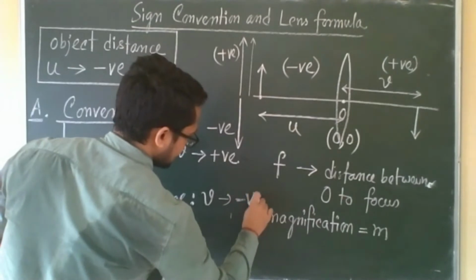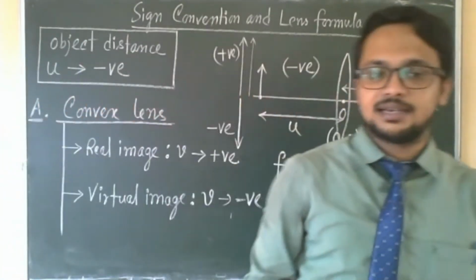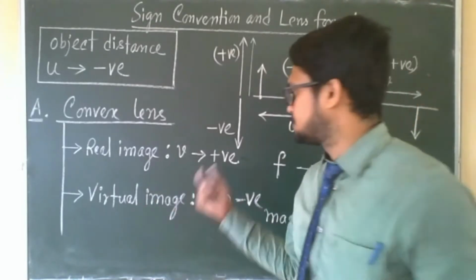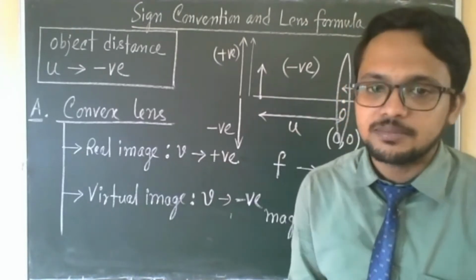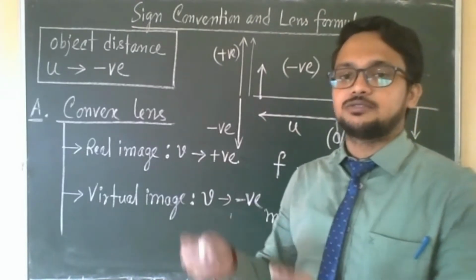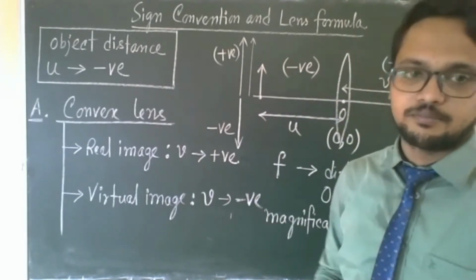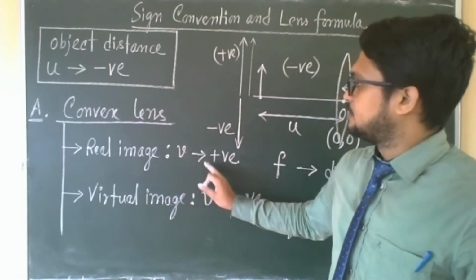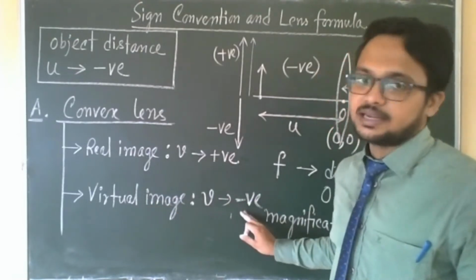Now, for any question, suppose it is given that a real image is formed and the image distance is given. Real image means positive, so you take image distance positive. If the question says a virtual image is formed, that means it is on the left side of the optical center, so v will be negative. Clear? So for a convex lens, when you get a real image, v is positive, and when you get a virtual image, v is negative.